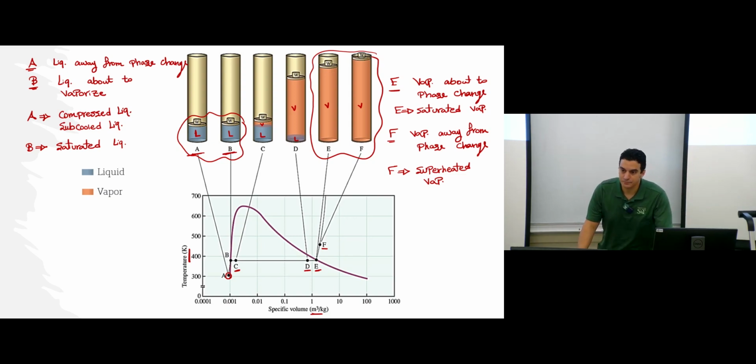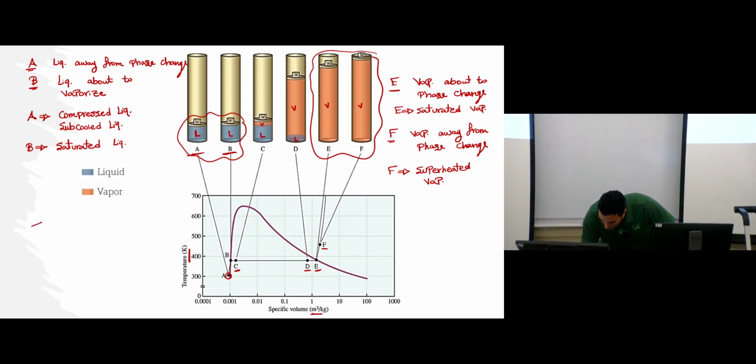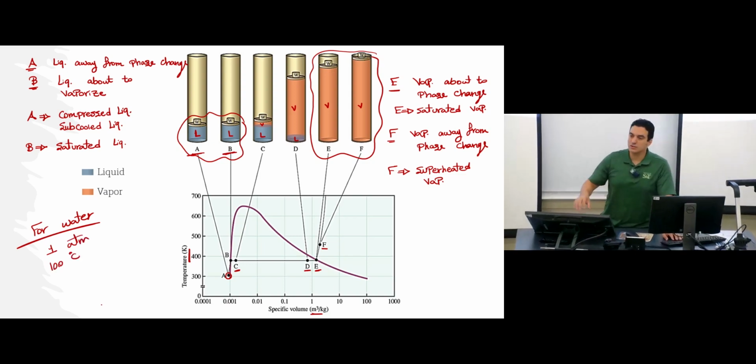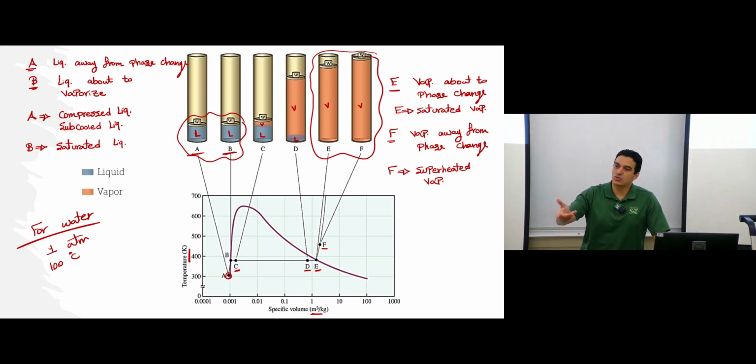Okay? In the example we said right now, just for water, at 1 atmosphere, phase change will happen at 100 degrees Celsius, right? So what if we have water but at 2 atmosphere?